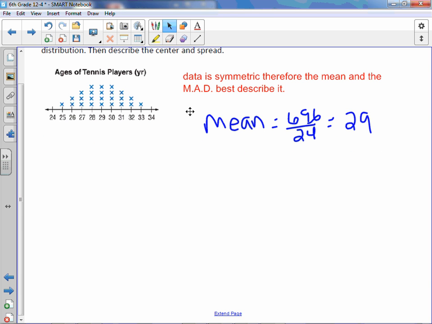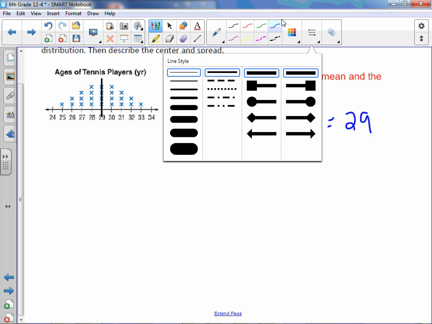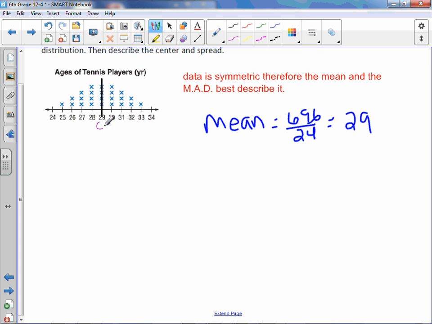We know that the mean is 29. So 29 right here is the mean. I'm going to draw a line through that. So you want to find out how far away each data value is from the mean. Well, the x's that are on 29 are right on the mean, and there are 4 x's. So these are all 0 spots away from the mean.